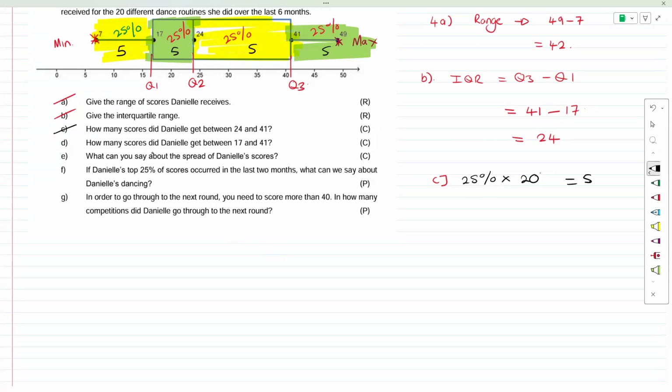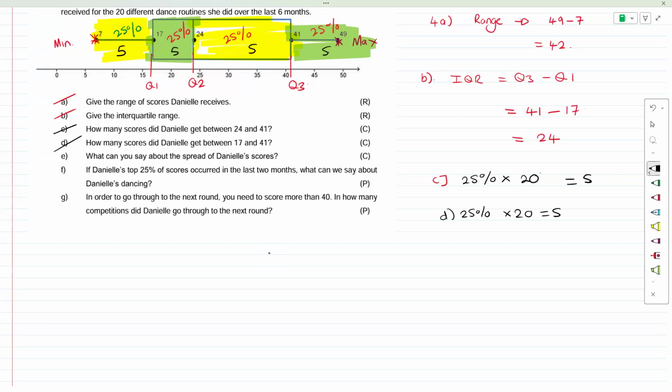How many scores did she get between 17 and 41? That's another 25%. So 25% multiplied by 20 equals 5. What can you say about the spread of Danielle's scores? I would say, what can I say?